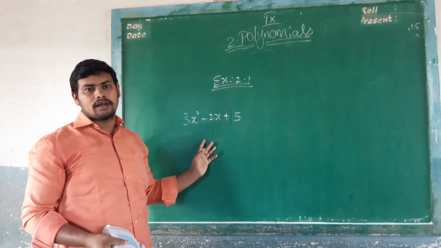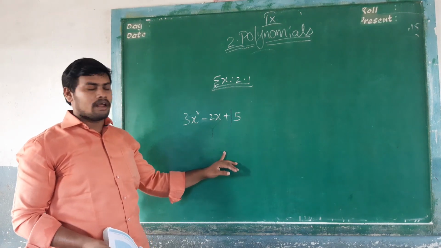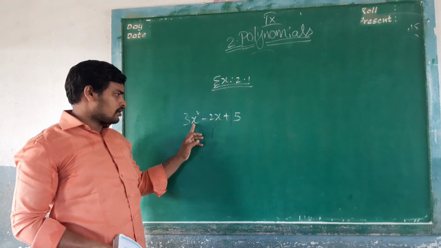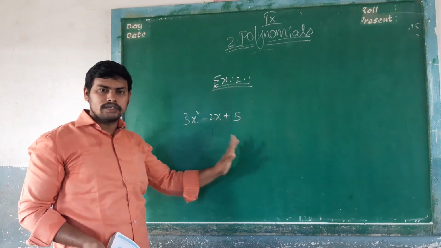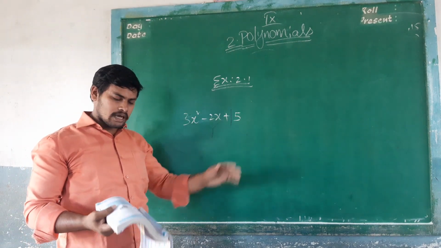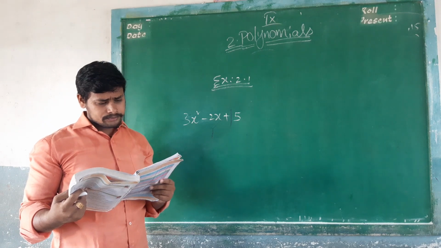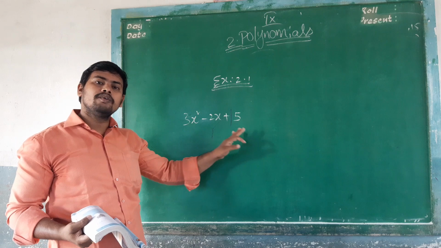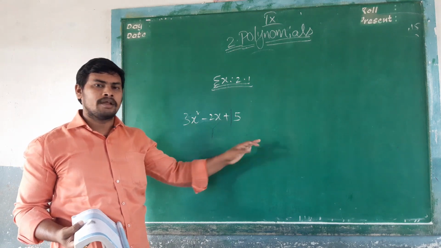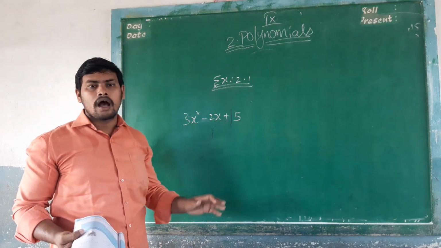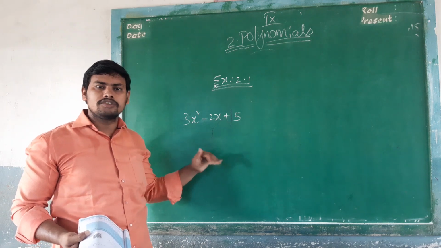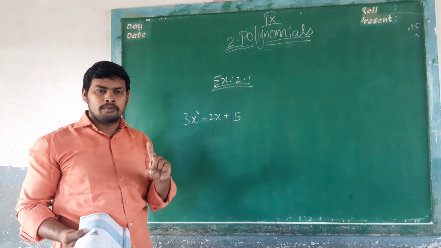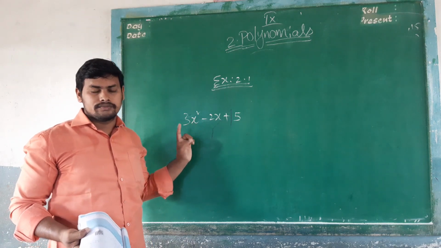Yes, it is a polynomial, since all are in x power 2, x power 1. Is it a polynomial in one variable? Here how many variables are used? There is one variable, that is x.